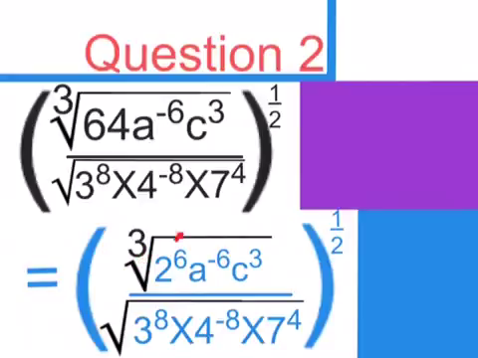So you divide the powers by the root: this root's power is 3, so divide all the numerators by 3, and this is a square root, so you divide all by 2. So this should be 3 to the power of 4, 4 to the power of negative 4, and this should be 7 to the power of 2.